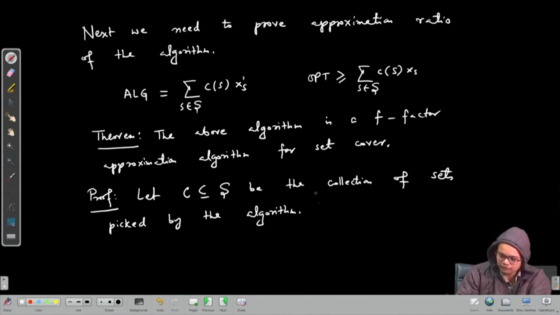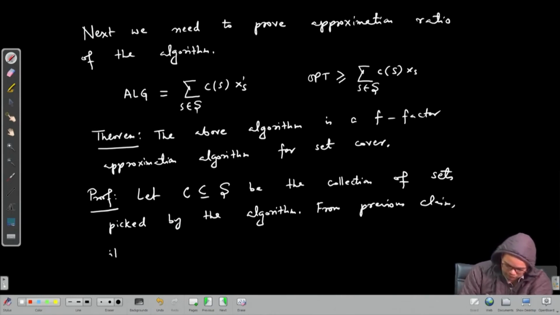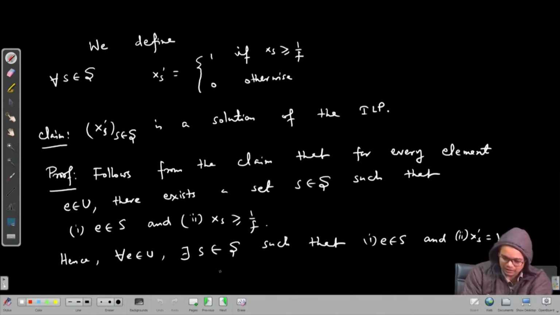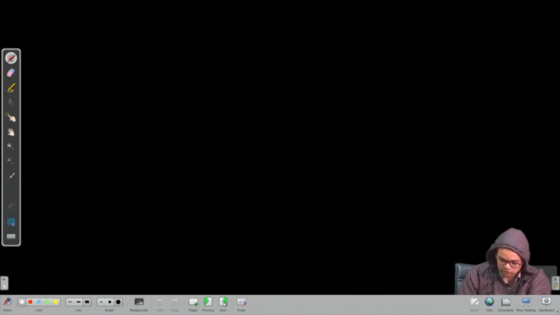So first, from our argument before, from the previous claim, it follows that C is a set cover for U. This we have argued here, that it is a solution to the ILP.